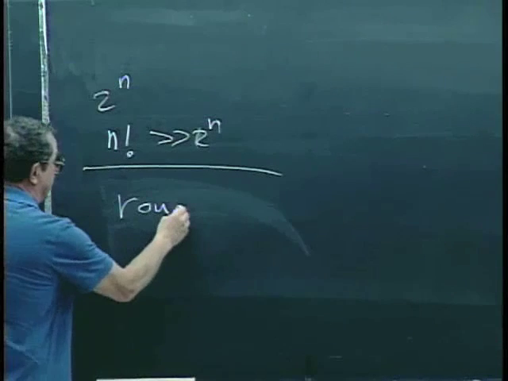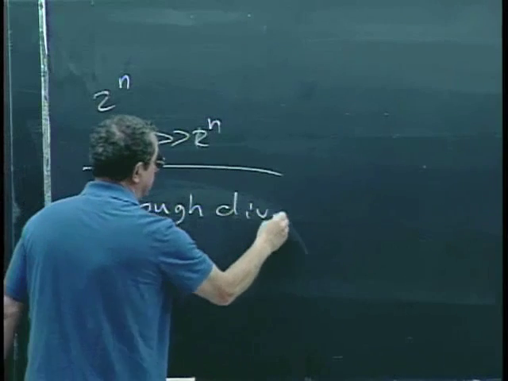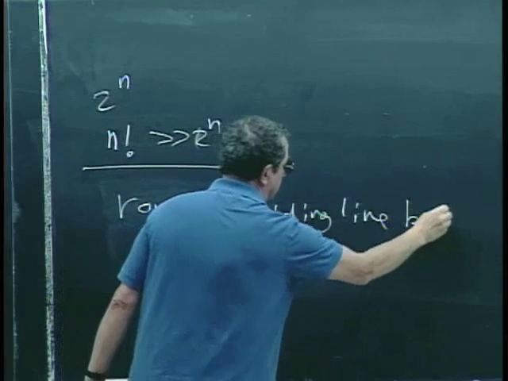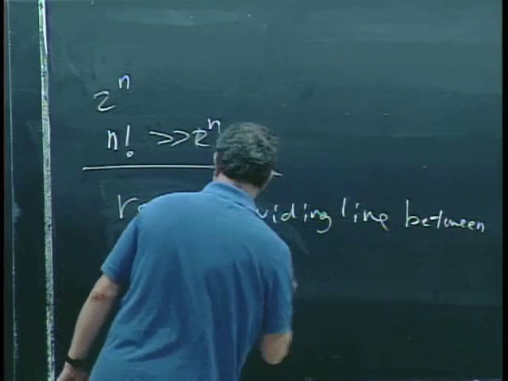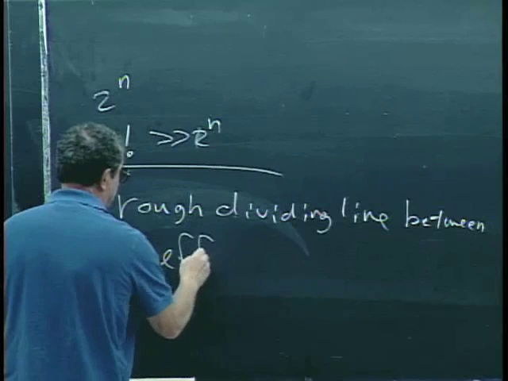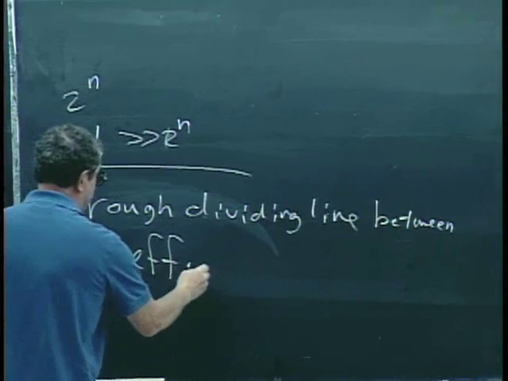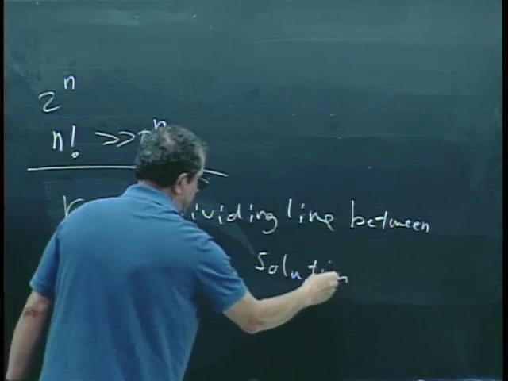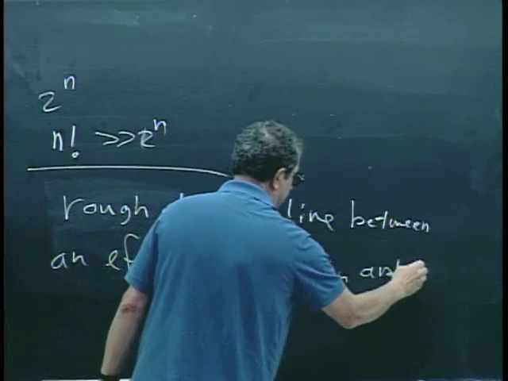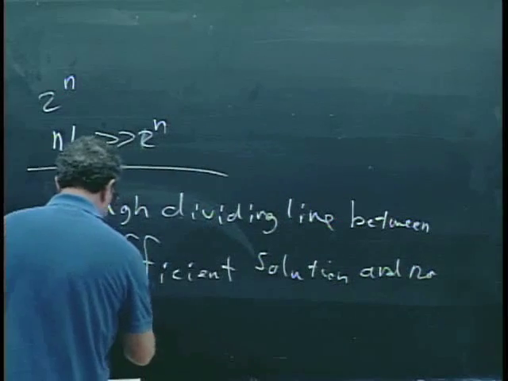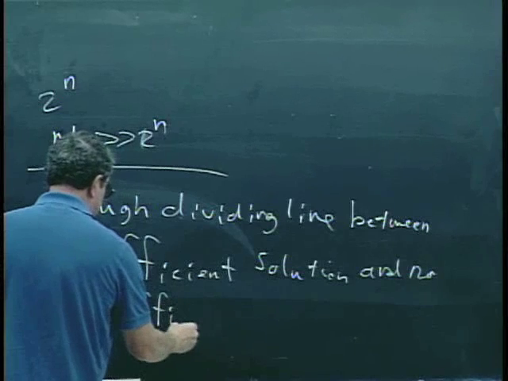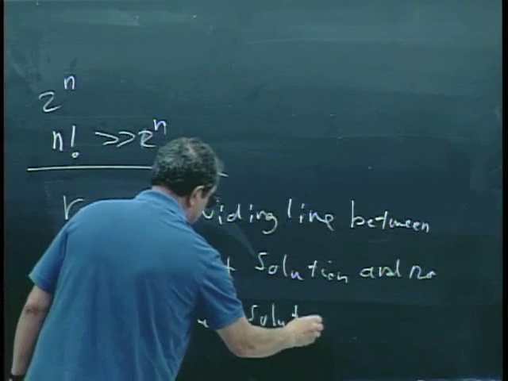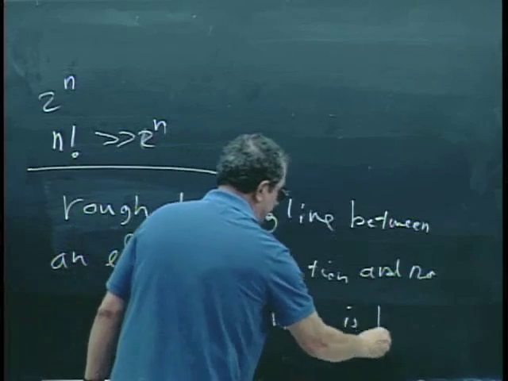Okay, so a rough dividing line between efficient and inefficient solutions is polynomial time.